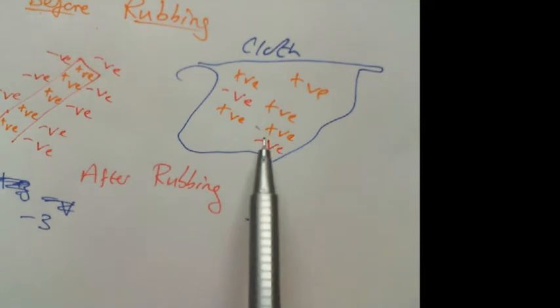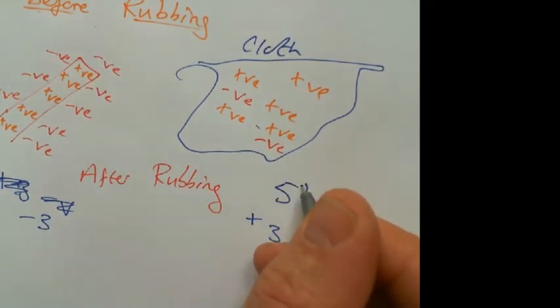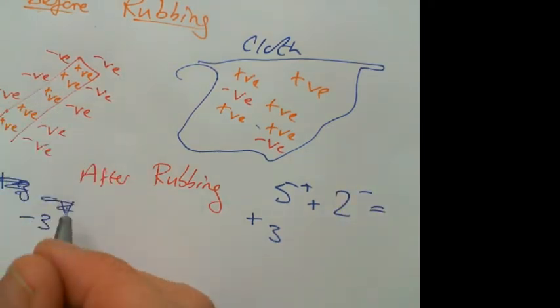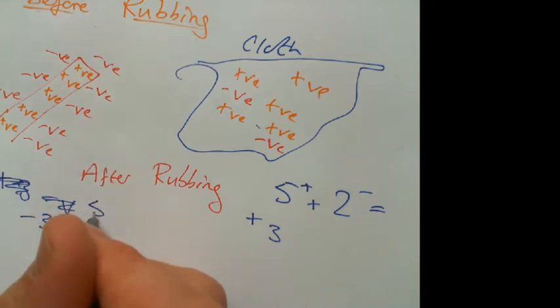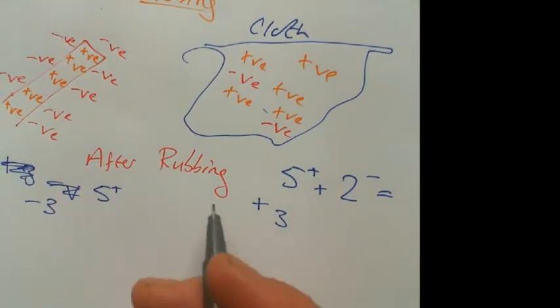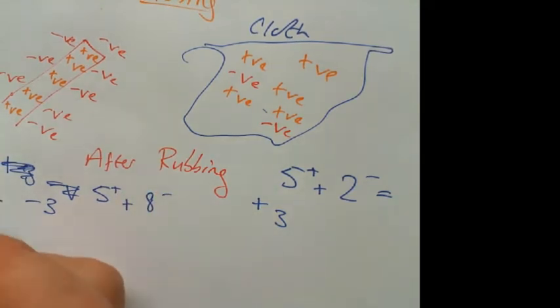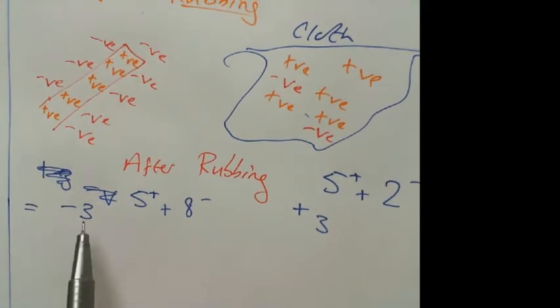So now it's got 5 positives, add 2 negatives, that equals +3. Whereas this one has now got 5 positives still, because they haven't moved, and neither of them have moved. But it's also got 8 negatives, which means that it's got -3 charge overall.